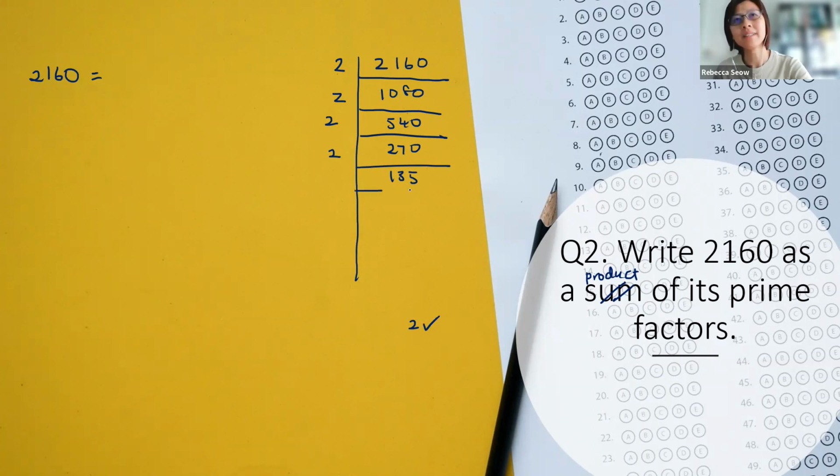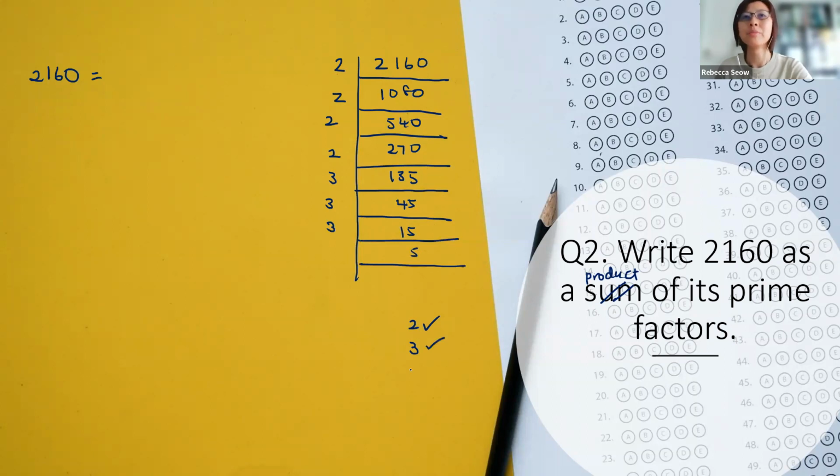Next, let's consider whether we could divide it by prime factor of 3. Yes, we can. And so 135 divided by 3, we get 45. Divide by 3 again, we end up with 15. Divide by 3 again, we end up with 5. And finally, we move on to prime factor of 5. There you go. We stop at the row that says 1.